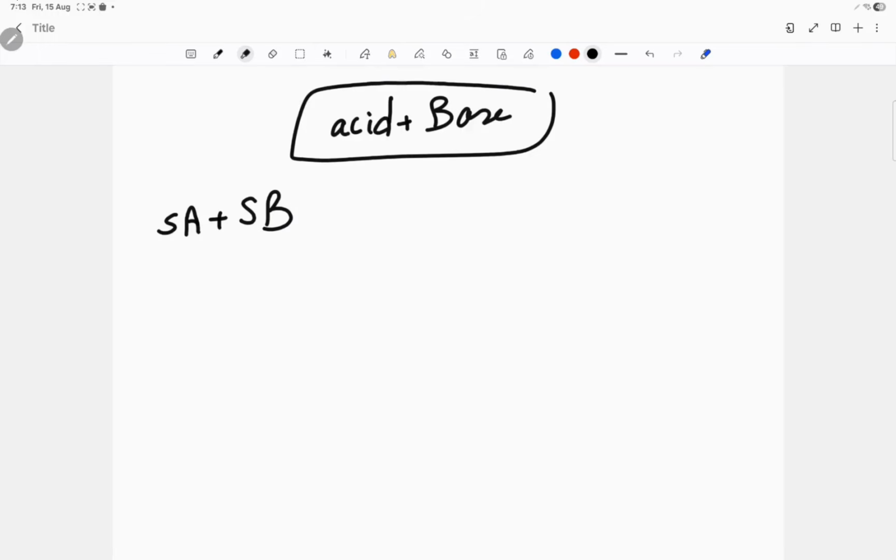So what is an example of a strong acid in your mind? HCl. Thank you. A strong base, NaOH. Let them react. What do you get? You will get H2O plus NaCl.